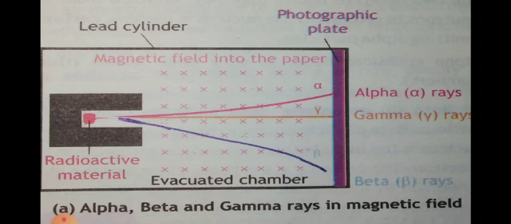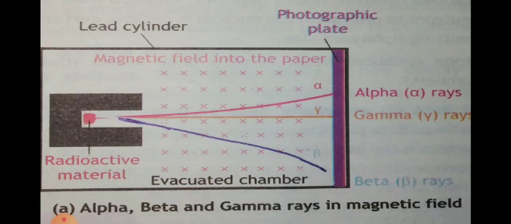The image on the photographic plate shows that the beam splits into three components, two bending in opposite directions and the third experiencing no change in direction.